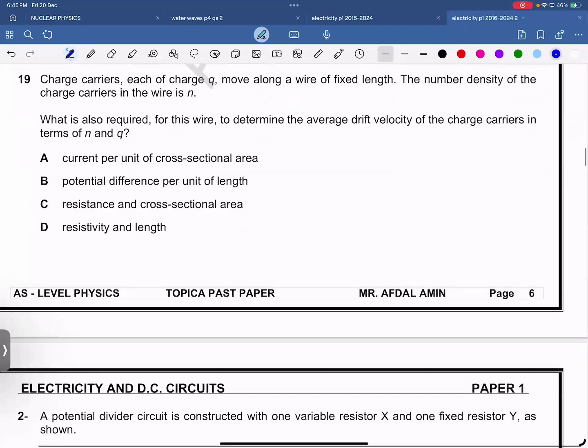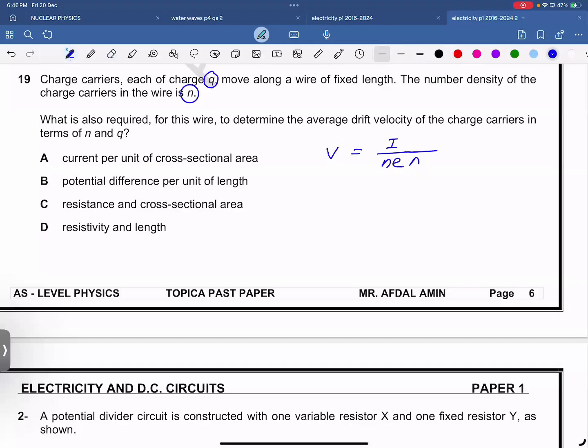Question number 19. Charge carriers of charge Q through a length, the number density is N. What else is required to determine average speed? No problem. Drift speed v is equals to I over nAe.